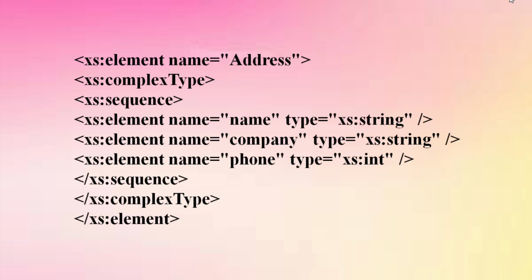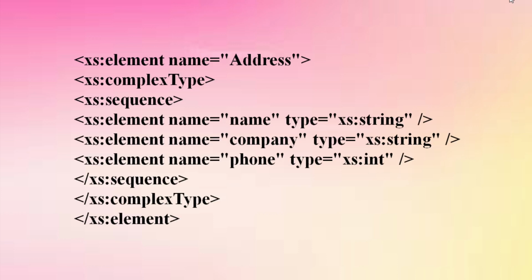In this example, the address element consists of child elements. This is a container for other xs:element definitions that allows you to build a simple hierarchy of elements in the XML document. Here the address element consists of three fields: one is name, the other one is company, and the last one is phone number.